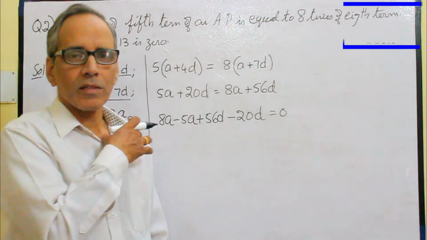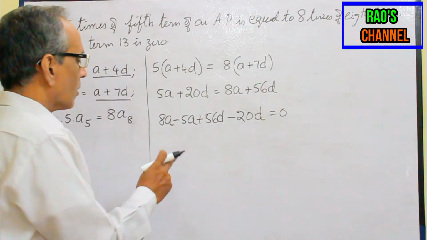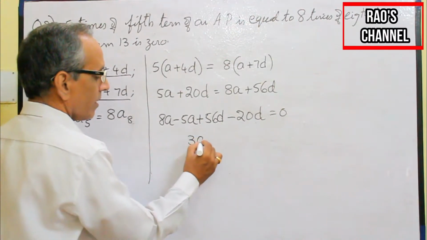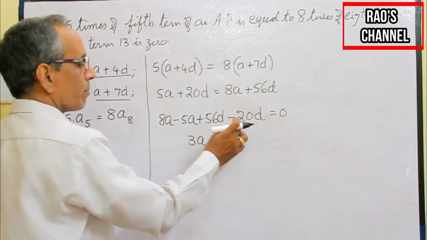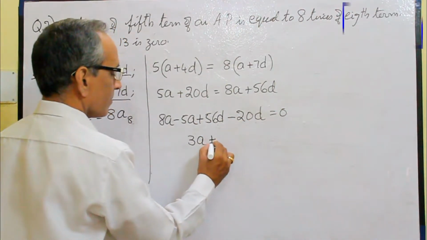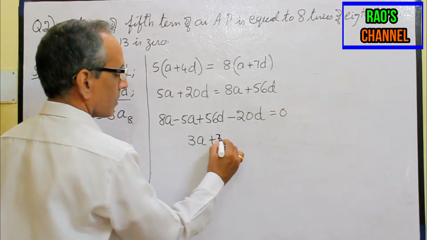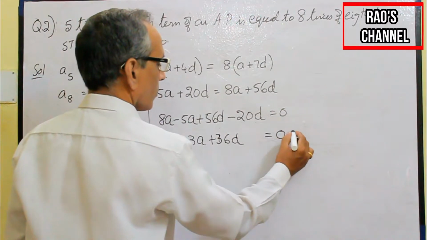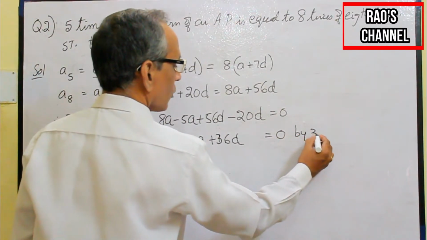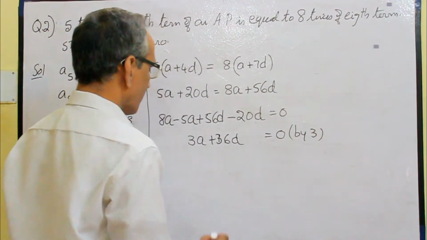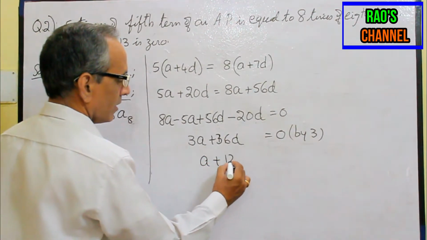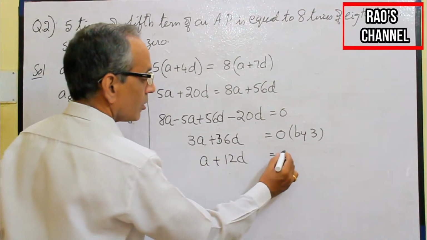There is nothing remaining on the LHS. Now 8a minus 5a is 3a, plus 56d minus 20d is 36d, is equal to 0. If I divide the whole equation by 3, what do I get? a plus 12d is equal to 0.